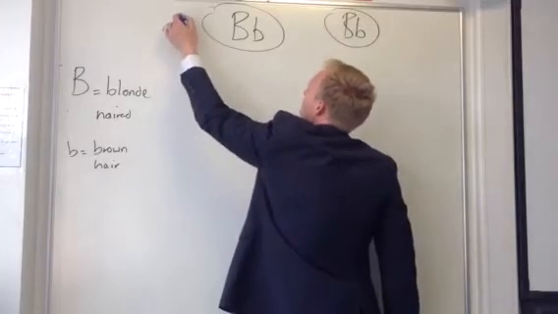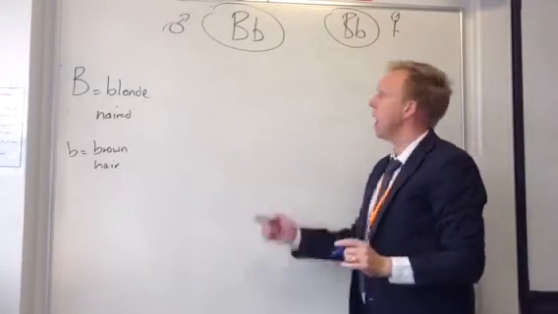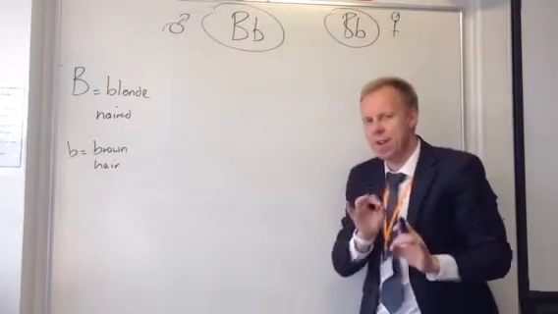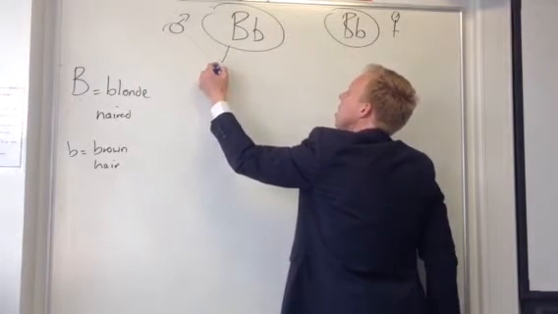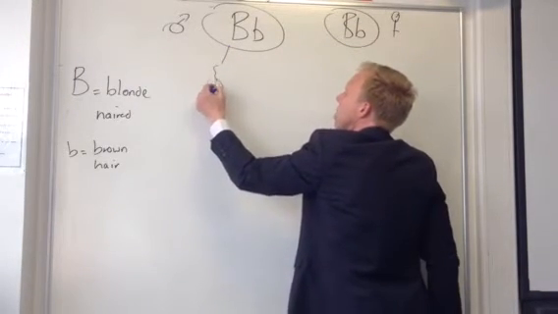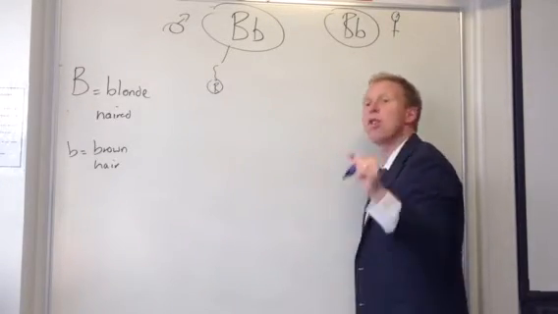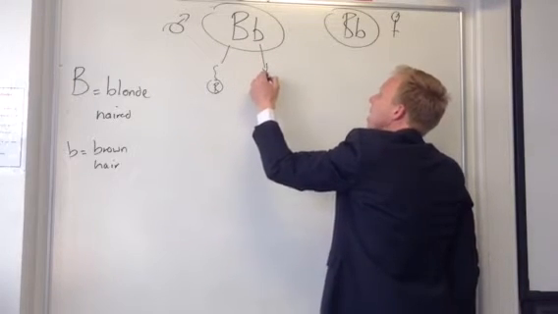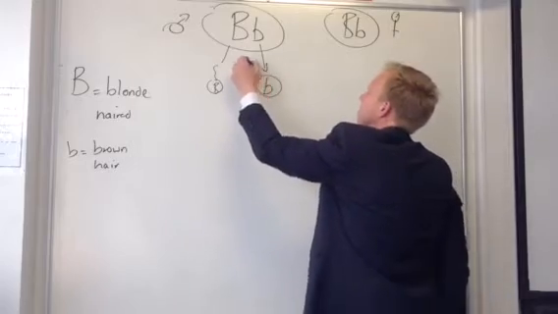Again, we will call this the male and this the female. And I hope you can now see, or begin to see, that we're going to have different gametes now. Because there is the potential for one of the sperm that this male will produce through meiosis to be big B or little b.